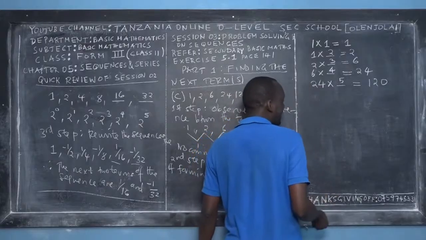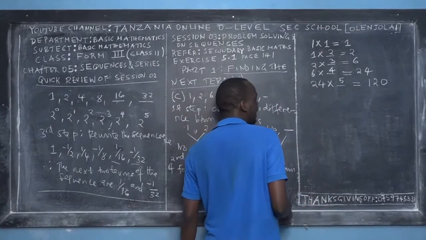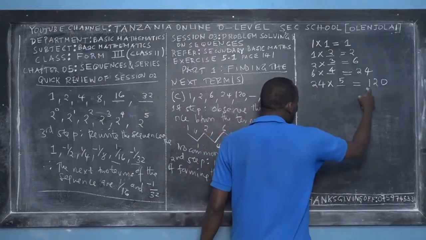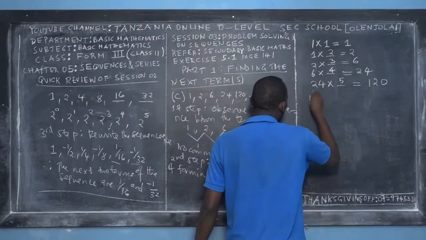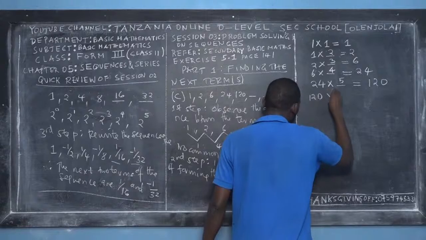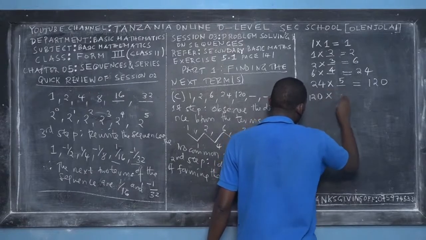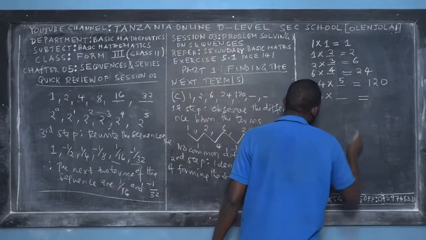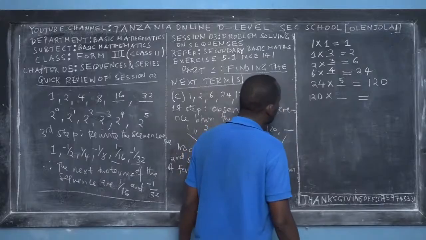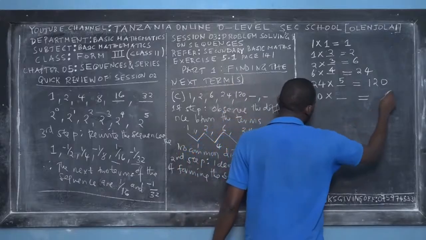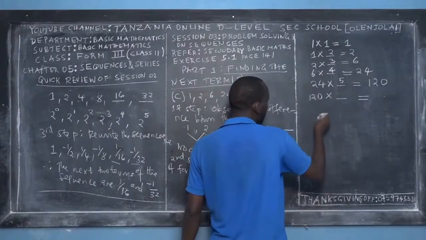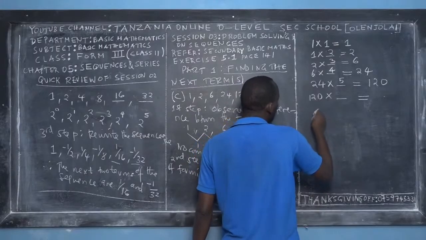So if that's the case now with this arrangement, it means that we take now the fifth step, which is 120. We think, what should we multiply with in order to get the sixth step? And then the next question is the answer of this part, which we don't know by the way, which is a dash.